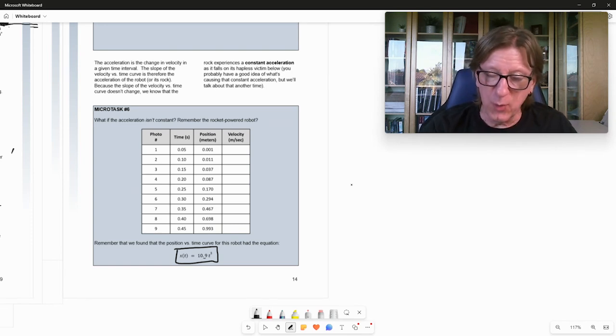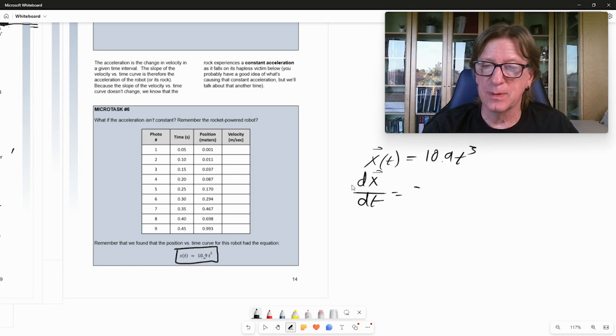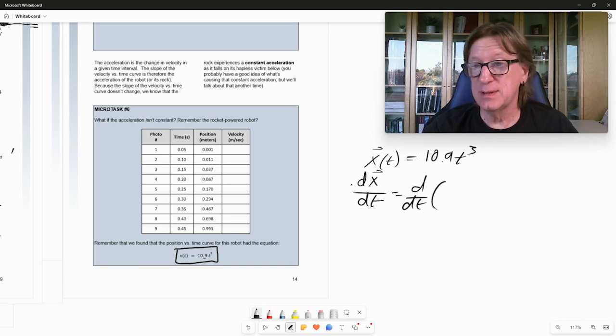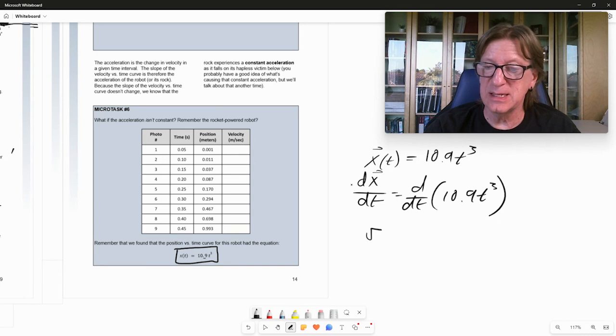So how do I get my velocity versus time curve? Remember, if I want the instantaneous velocity, I have to take the derivative of that. So I have x equal to 10.9 t cubed. If I take the derivative of both sides, and we did this in the last lecture, so none of this is new, I take that derivative with respect to time, and dx/dt is the instantaneous velocity.